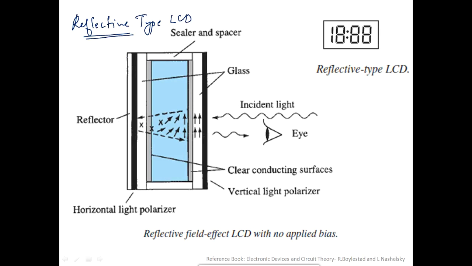The only difference is that you have an extra layer of a reflector. The purpose of the reflector is to reflect whatever light falls on it. As simple as that. Further, instead of a vertical polarizer, we have a horizontal light polarizer here. So that's the major difference. One is the reflector and the second one is the horizontal light polarizer. But at the right hand side, we have the vertical light polarizer itself.